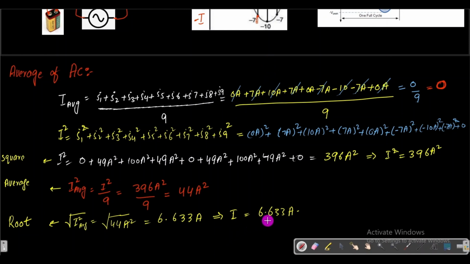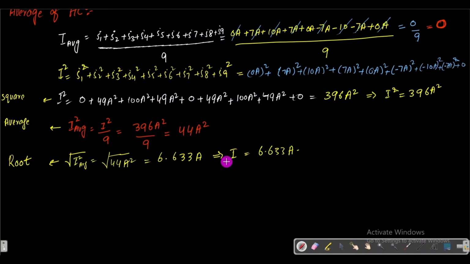Now this value is called the root mean square, RMS. From this root we take the R, from this average, which is also mean, we take M, and from this square we take S. So this is RMS, and it is a fixed value.